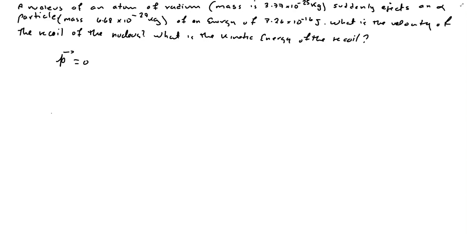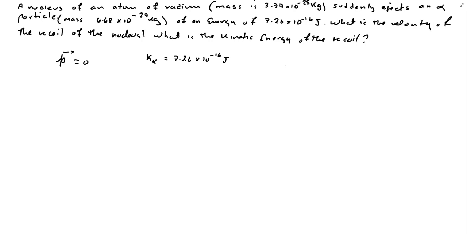Now, what we have here is an atom that ejects an alpha particle, and we know the energy of the alpha particle. So we know that the kinetic energy of the alpha particle is equal to 7.26 times 10 to the negative 16 joules.